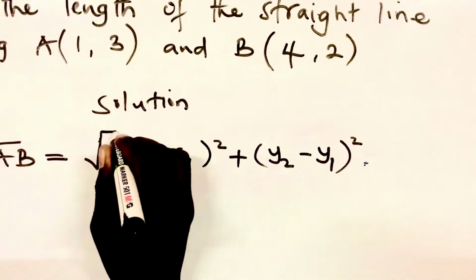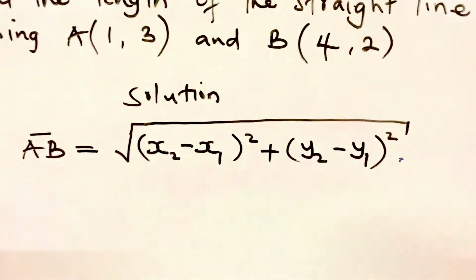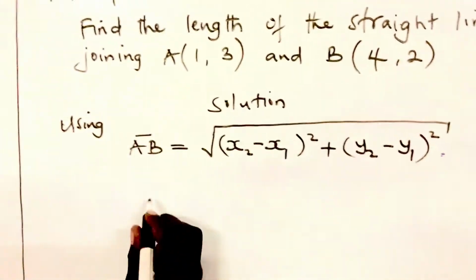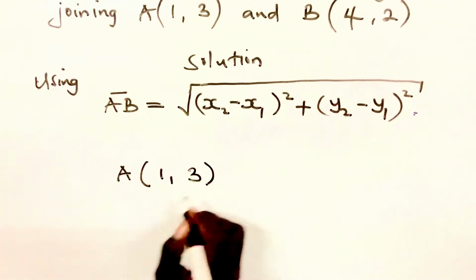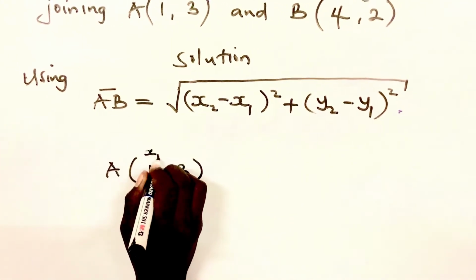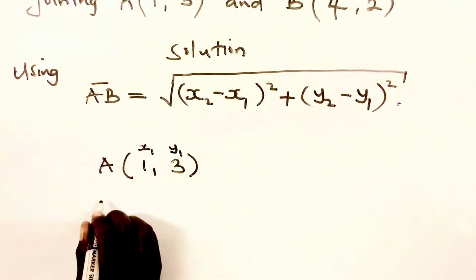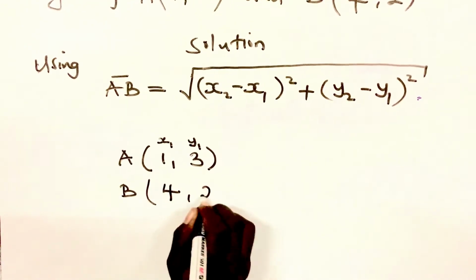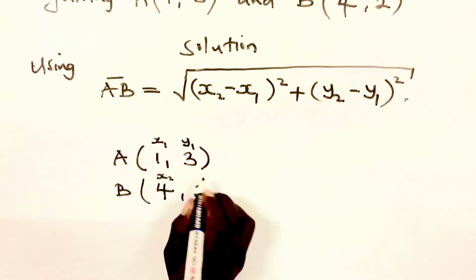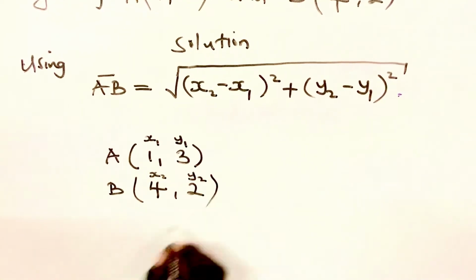The whole of this should be under a root sign. So from our A, which is (1, 3), this is the x1 and this is the y1. B, which is (4, 2), this is the x2 and this is the y2.